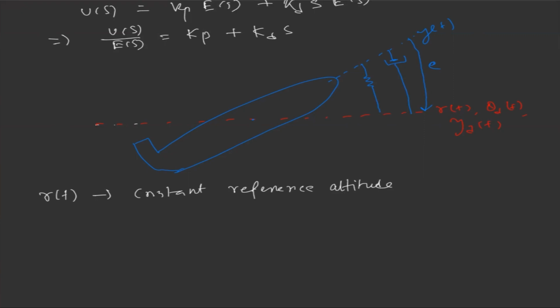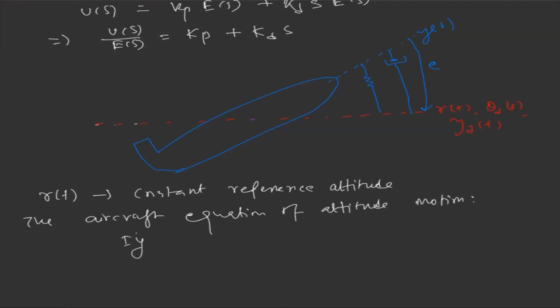And similar to neglecting the disturbance, the aircraft equation of attitude motion yields I y double dot equal to Kp e plus Kd e dot.